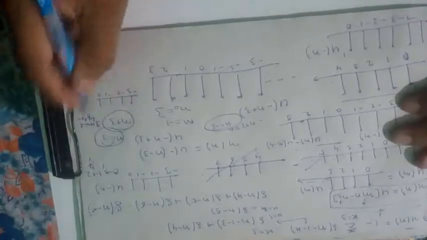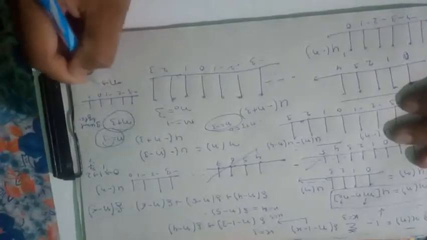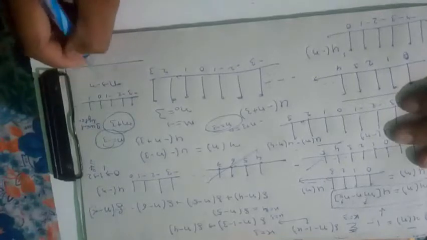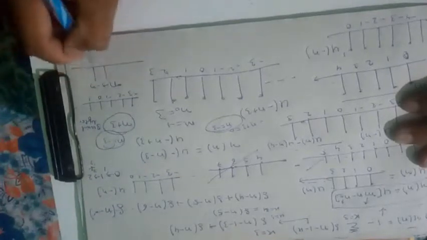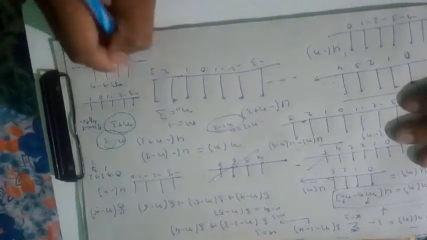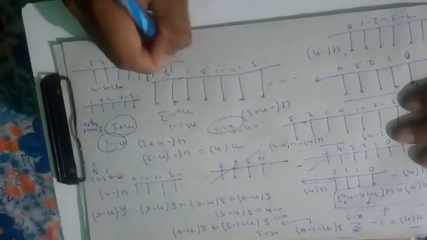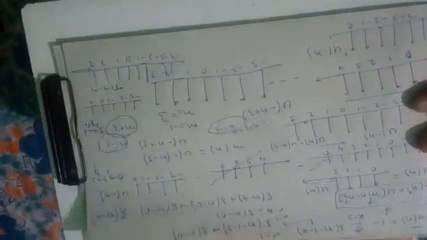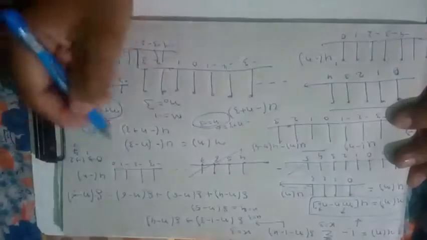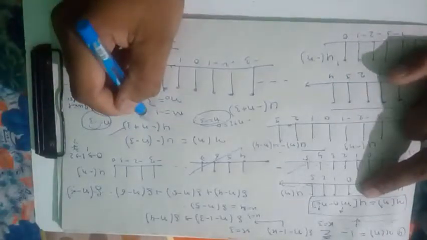Now reversing means n is replaced by minus n, so it will be 3, 2, 1, 0, minus 1, minus 2, minus 3, like this. So here the value of m is minus 1 and n naught is 3.